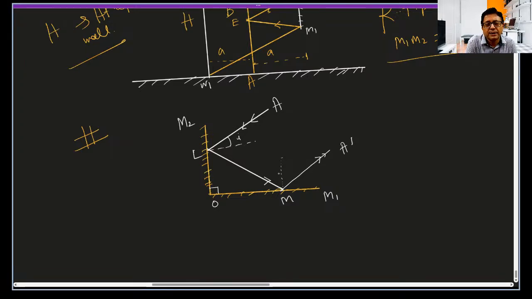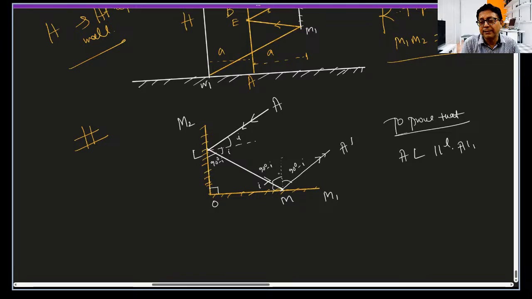This angle 90 degree is given, so this part will be, this is the reflected ray, so this is also I, 90 minus I, this part I, 90 minus I, 90 minus I. Clear? To prove what? AL is parallel to A dash M. To prove AL is parallel to A dash M.